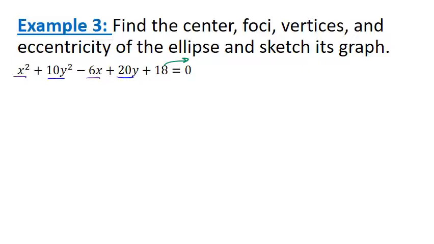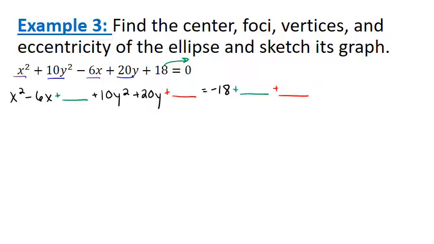So what I end up with is x squared minus 6x, and I'm going to leave a little space here for my special little number. And then for the y's, I'm going to have plus 10y squared plus 20y, and then a different special little number, is equal to negative 18 plus those two special numbers, because whatever I do to one side, I need to do to the other.